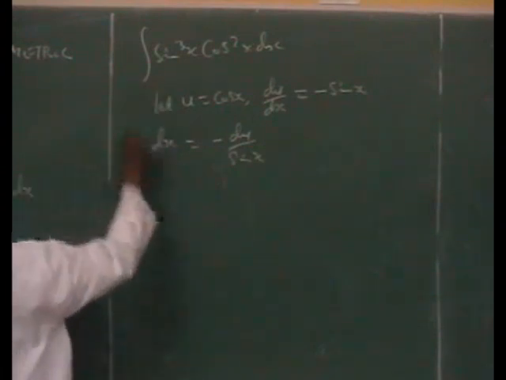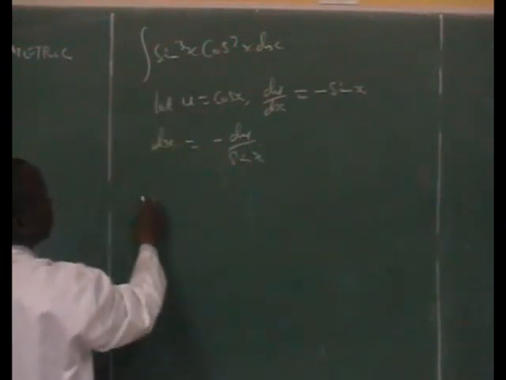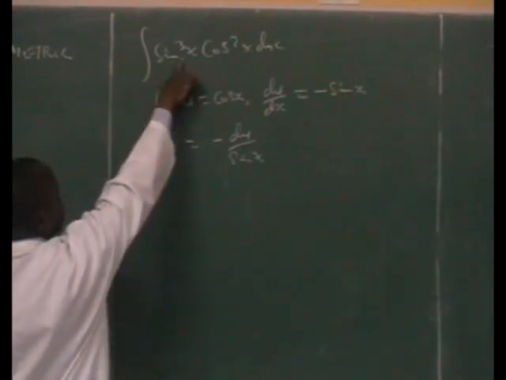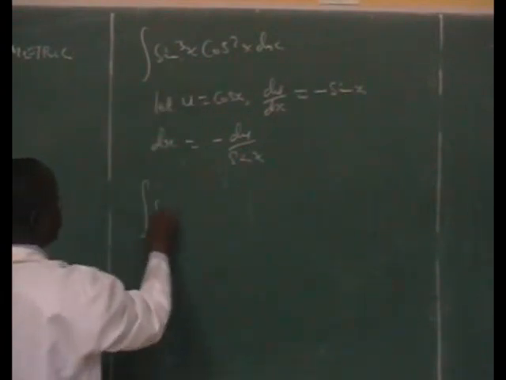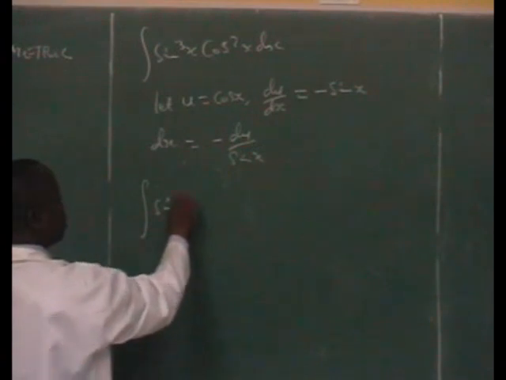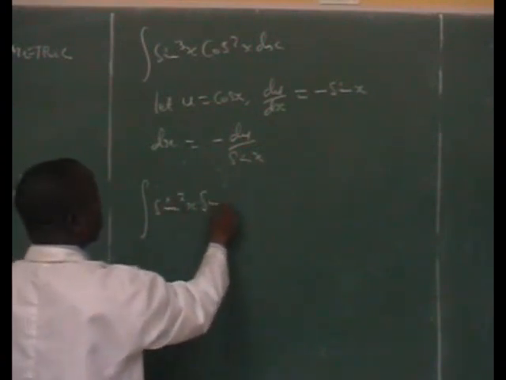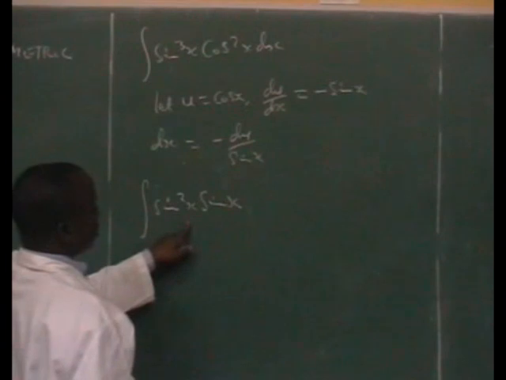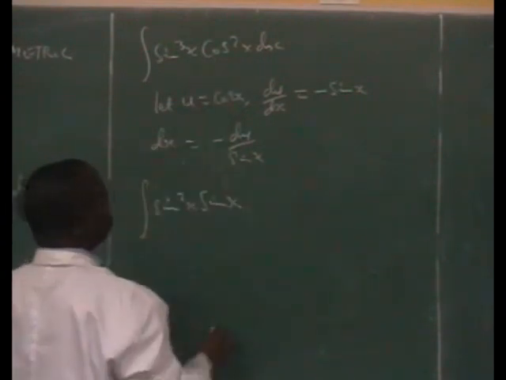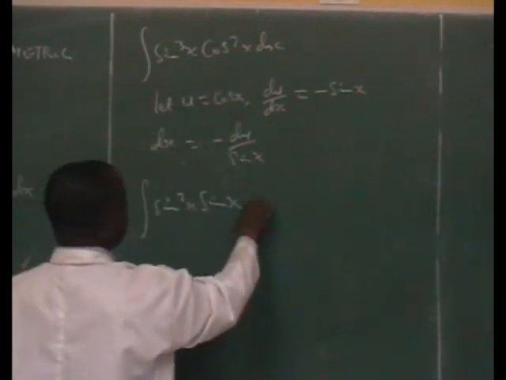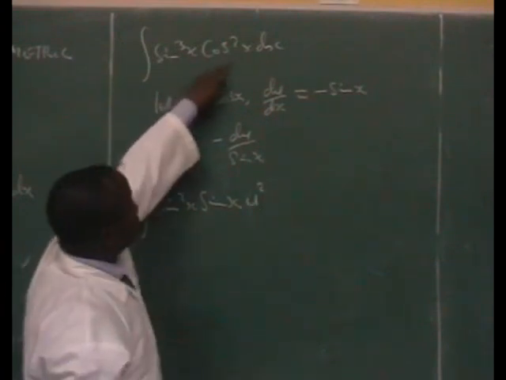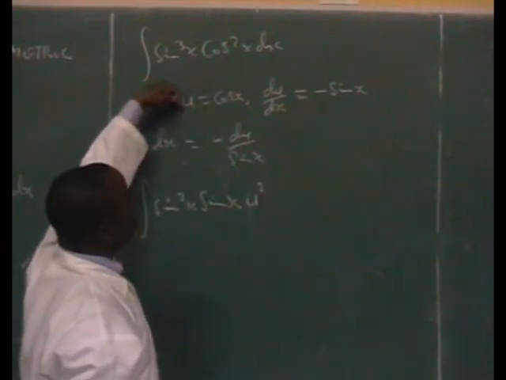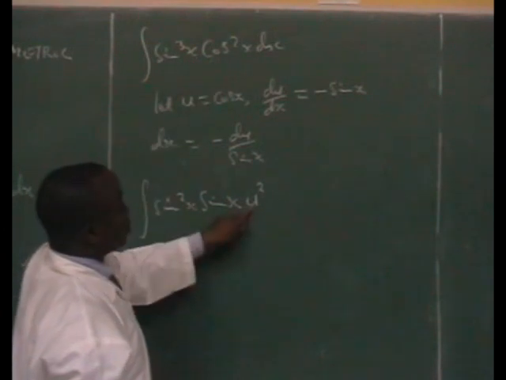But we can look at this function and write it as sin square x sin x, yes, and then this is u. Now u squared, because we said that u is equal to cos x, so you have u squared.